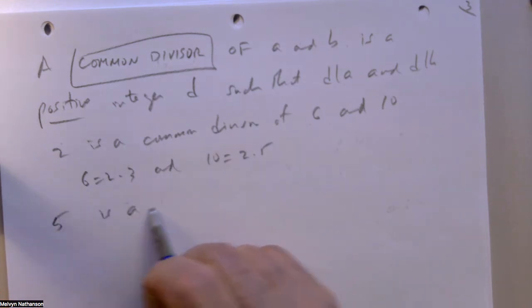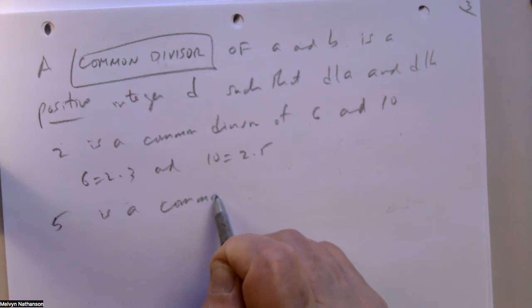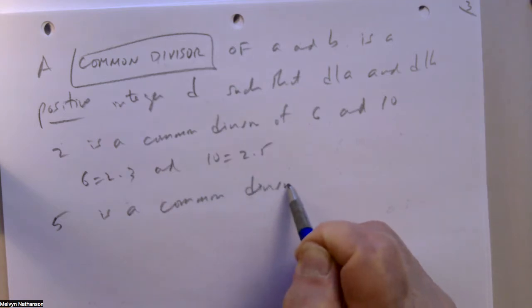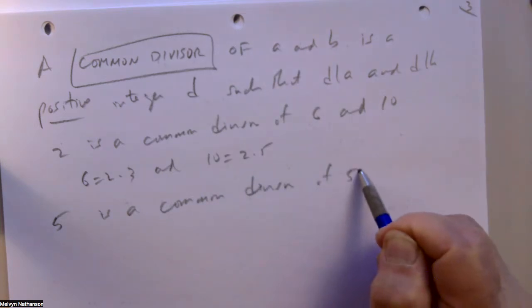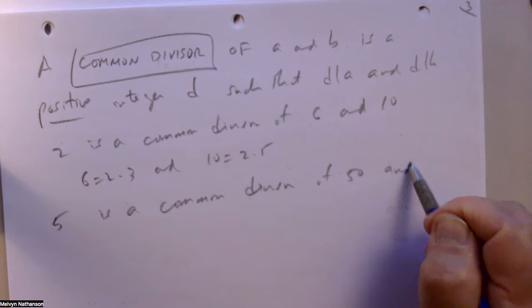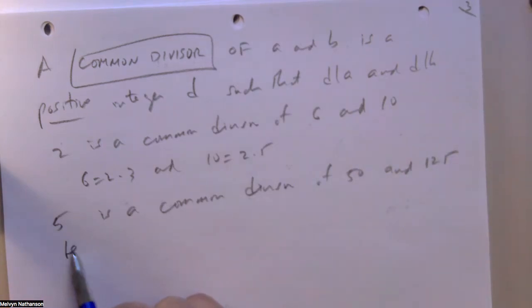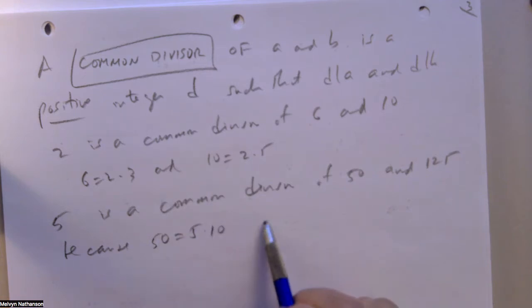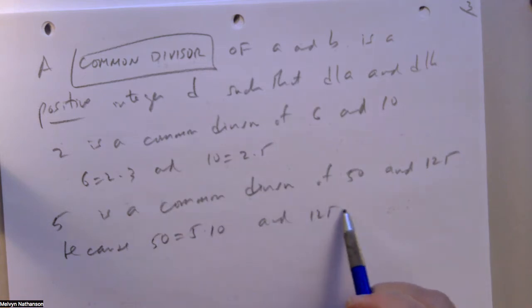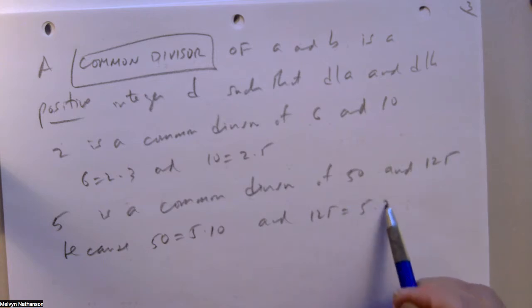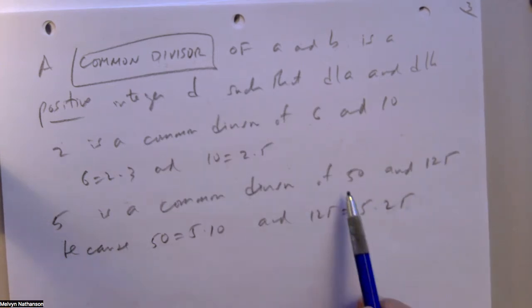Five is a common divisor of 50 and 125, because 50 is 5 times 10, and 125 is 5 times 25. So 5 is a common divisor of these two numbers.